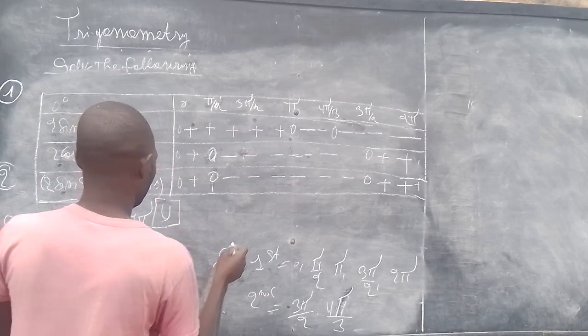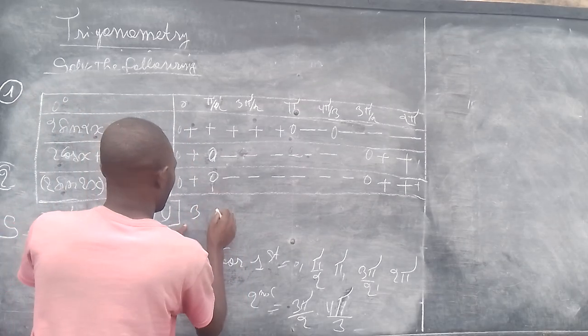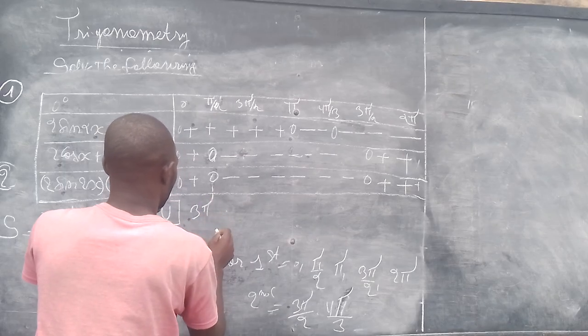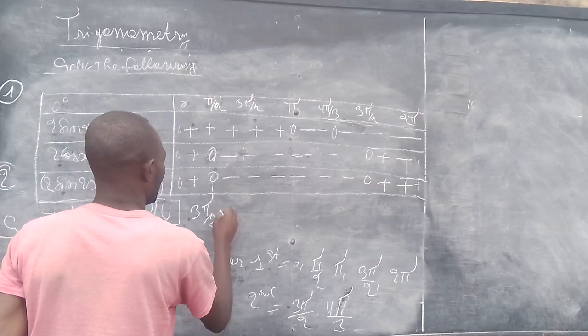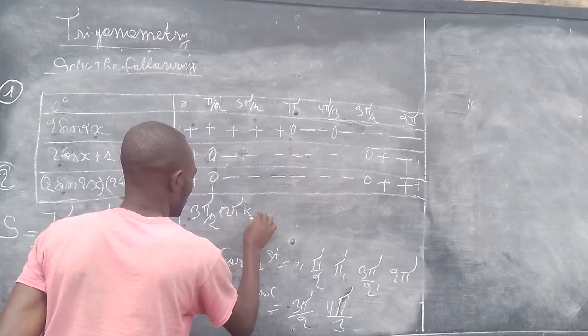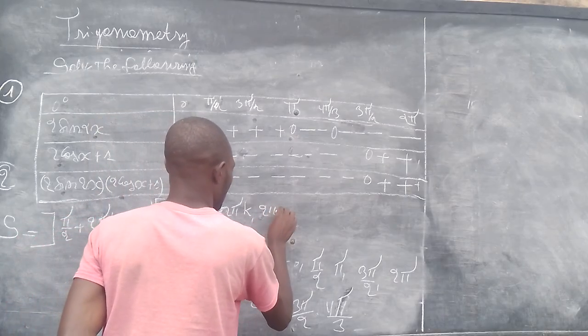Here we have 3 pi over 2 plus 2 pi k, plus 2 pi k, 2 pi.